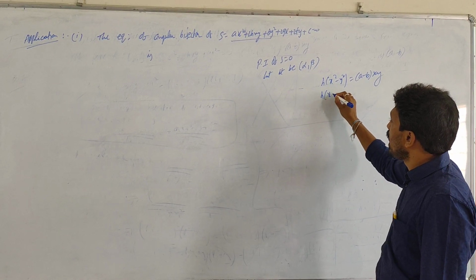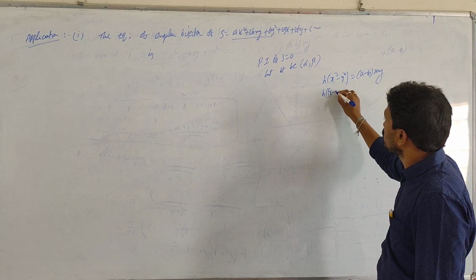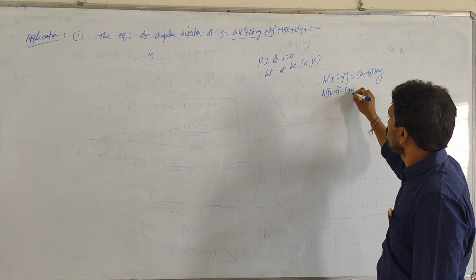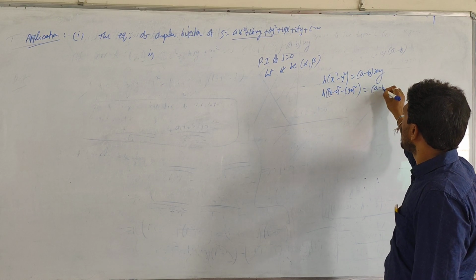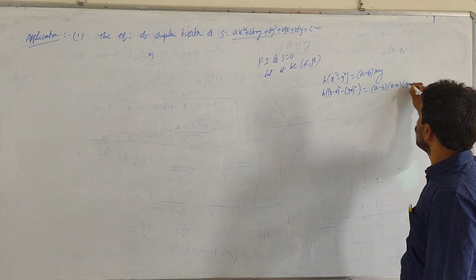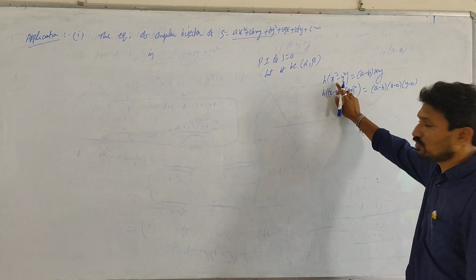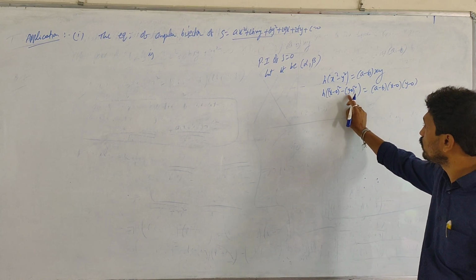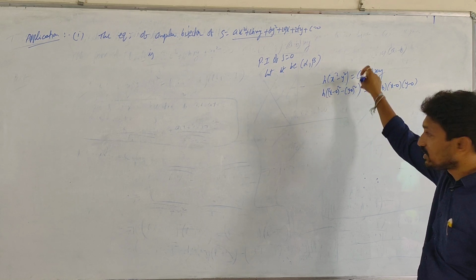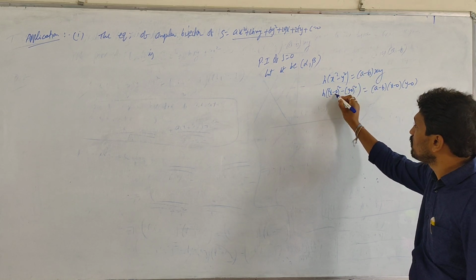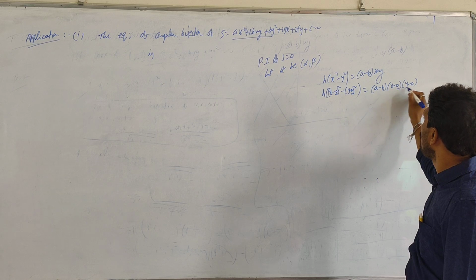How will it be? h of (x minus 0) whole square minus (y minus 0) whole square is equal to (a minus b) into (x minus 0) into (y minus 0). You can write it; if you substitute 0 and simplify, again you get the same. If it is alpha comma beta, in the place of 0 what do you have to substitute? Alpha and beta.